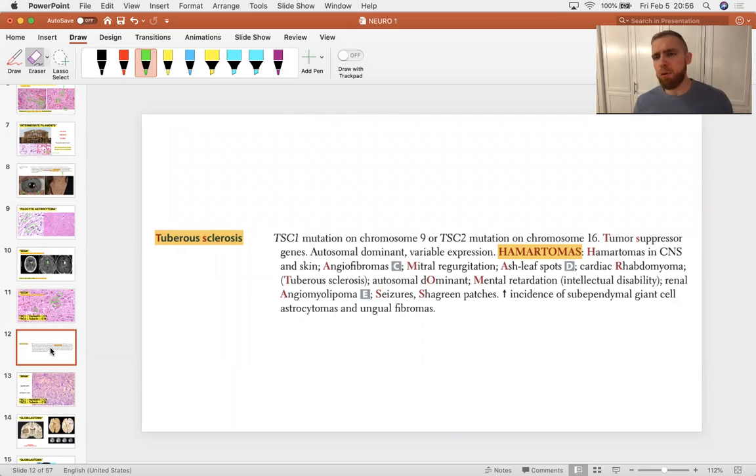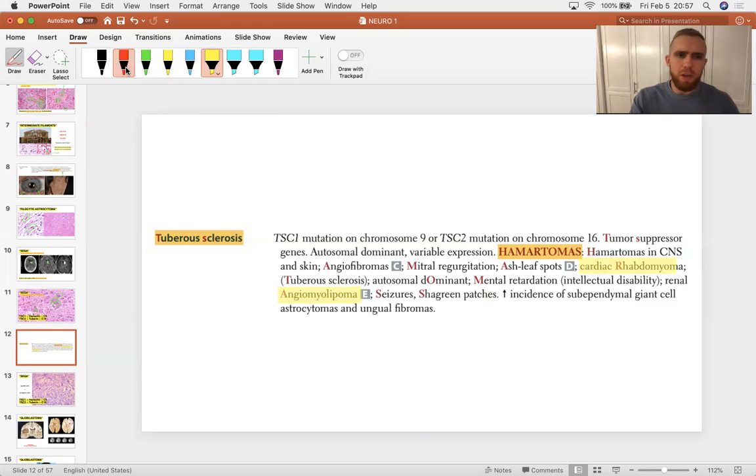Now, they're very prone to cause seizures due to their location in the brain, and that should make sense because if you just get this dense fibrous nodule in the brain, it's going to disrupt the flow of electricity around it, and that's all that a seizure is: an anomaly in the electrical conduction of the brain. But not only do you see them in the brain, you can also see them in the heart and in the kidneys. You can get cardiac rhabdomyomas, these angiomyolipomas, that's a renal tumor.